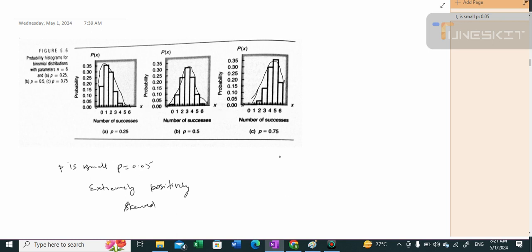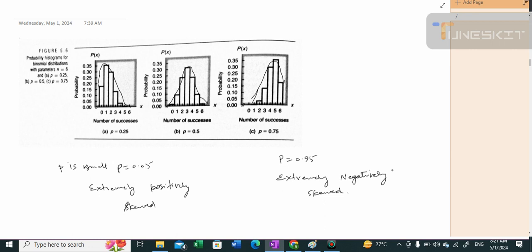And if p has a value 0.95, then it is extremely negatively skewed. So this is how the binomial distribution changes its shape.